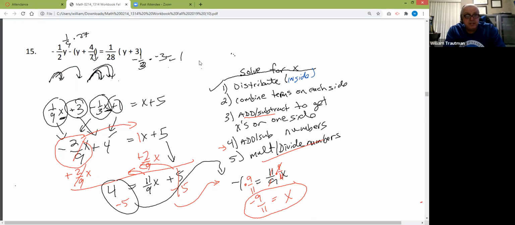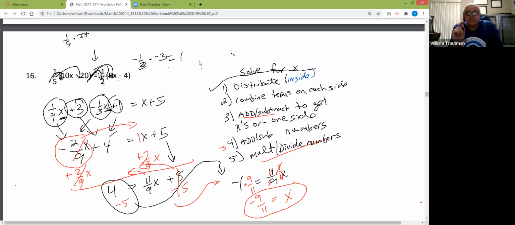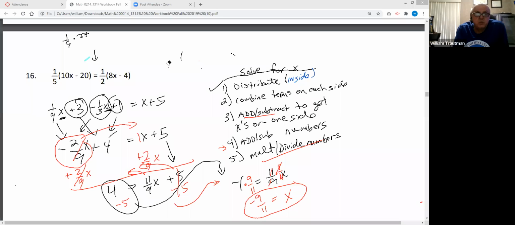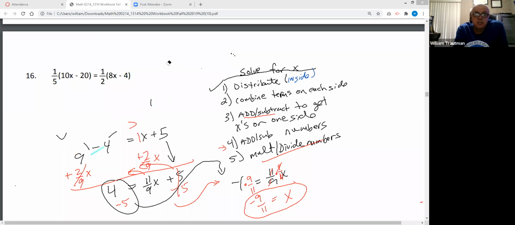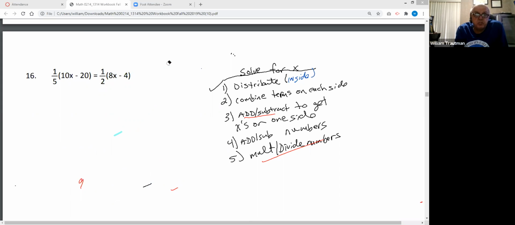15 and 16. Let's do 16, and then we'll call it a section, not a day, because we still have one more section to cover. So we're doing 16. Step number 1, distribute wherever you can.